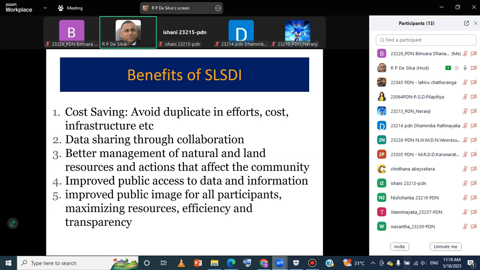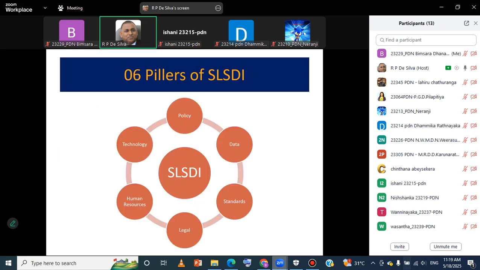Benefits of SLSDI: cost saving, data sharing through collaboration, better management of natural and land resources, improved public access to data and information, and improved public image for all participants, maximizing resource efficiency and transparency.